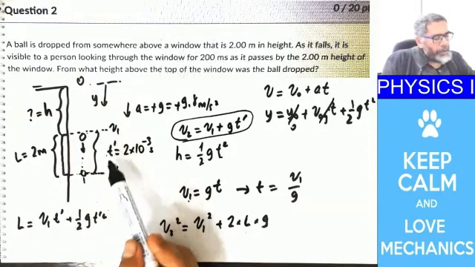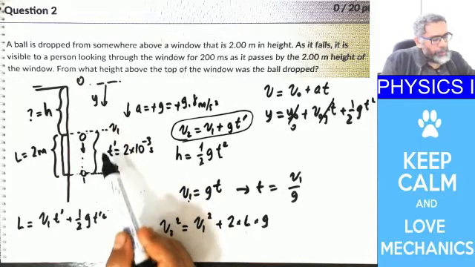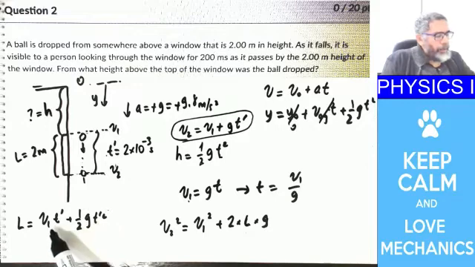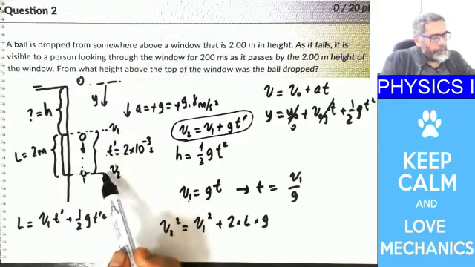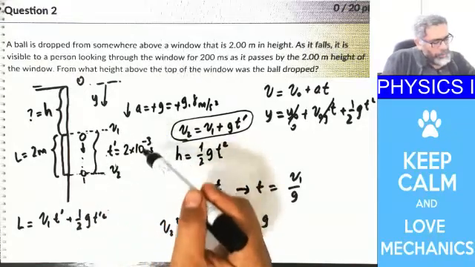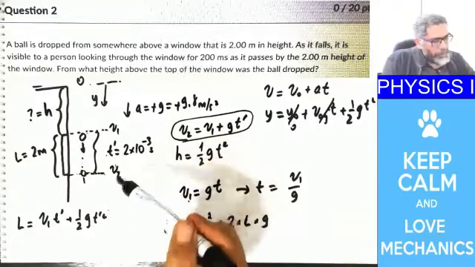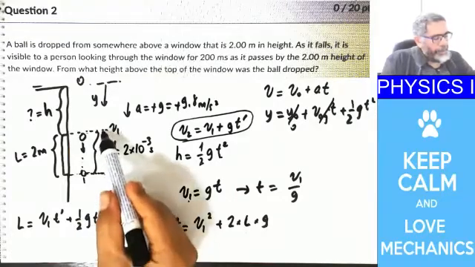If it takes t prime time to go from here to here, which is 2 meters, this is the expression for L: initial velocity multiplied by t prime, which is this duration, plus, since we are taking the vertical downward axis as our coordinate system, we have to put plus over here, 1/2 g t prime squared.